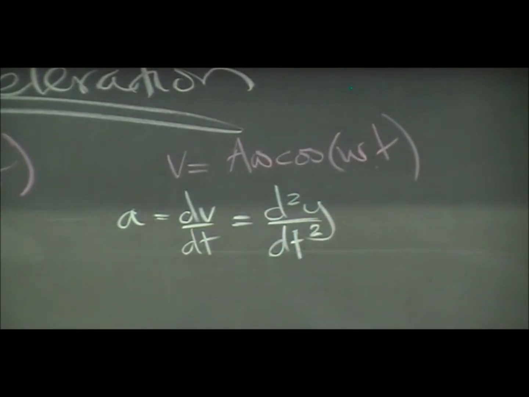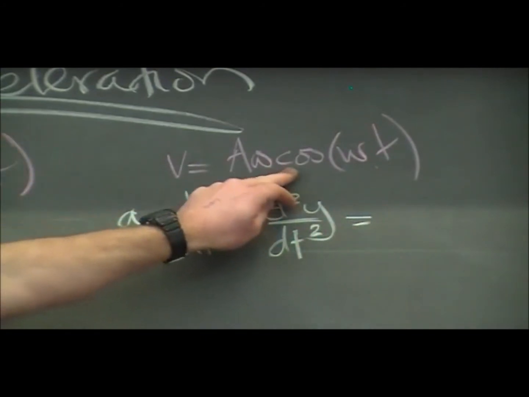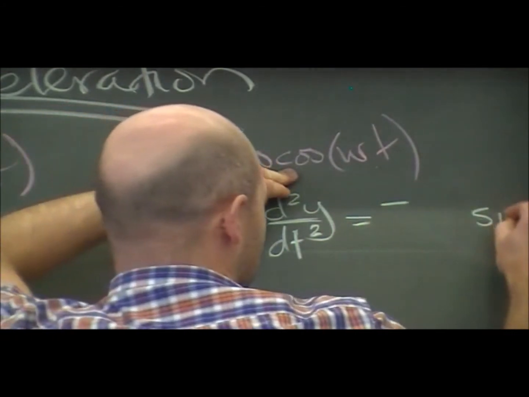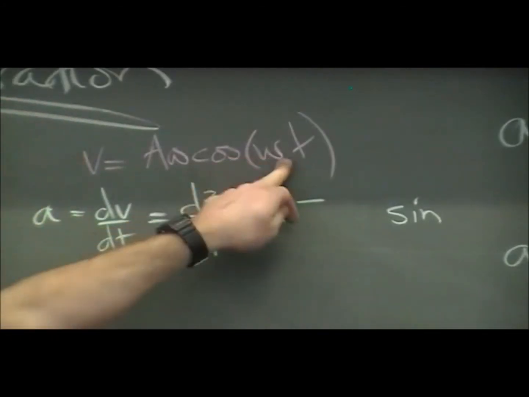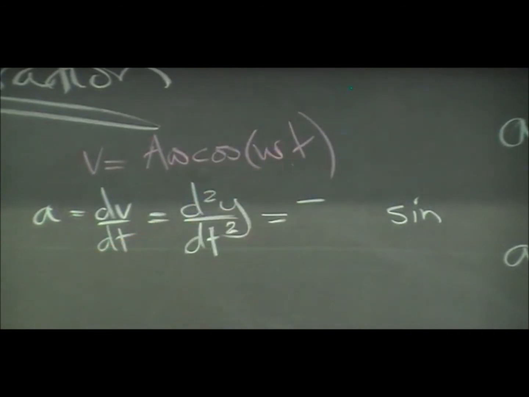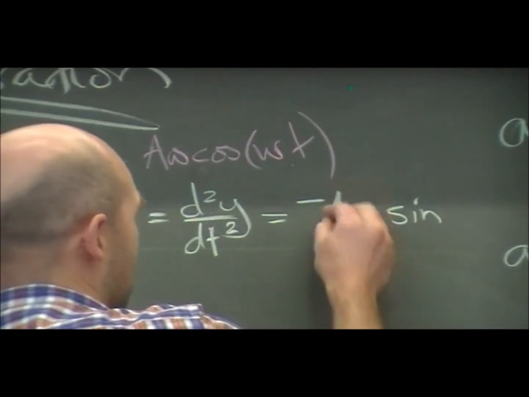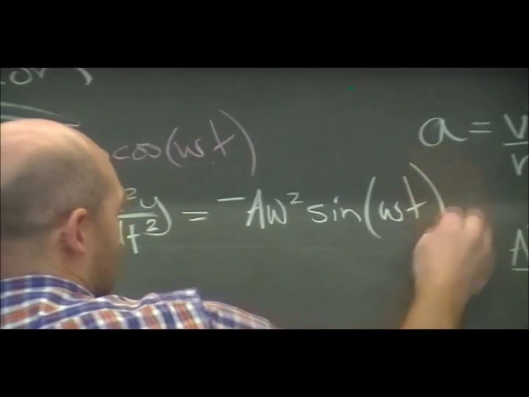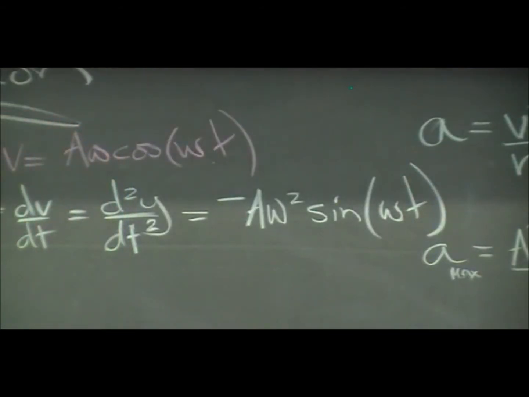Some of you might remember that. It's the double differential of the displacement. And so if we differentiate cos, what do we get? Negative sign. Minus sine. And if we differentiate omega t, what do we get? Omega. We get an omega, so we're going to have minus a omega squared sin omega t. Like that. And we're like, it's the same.